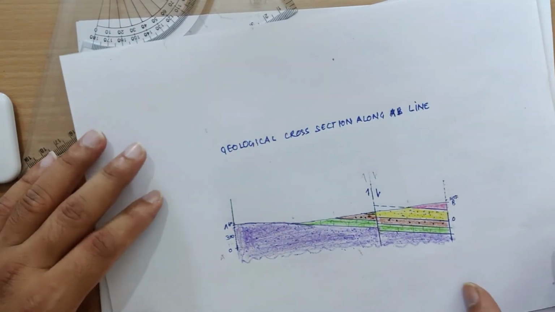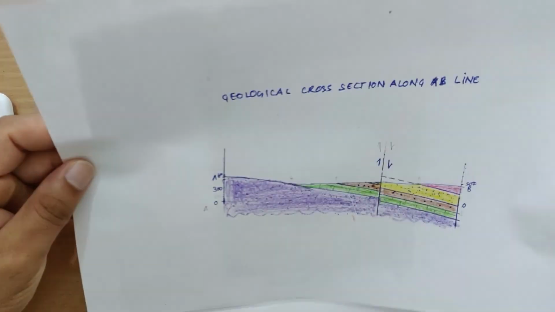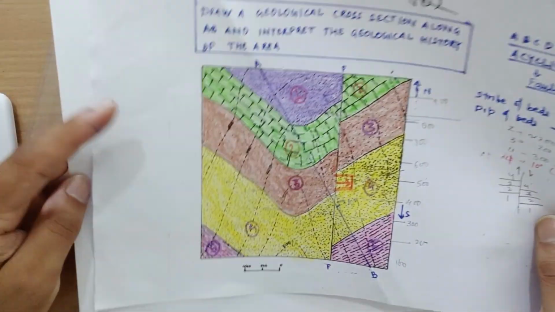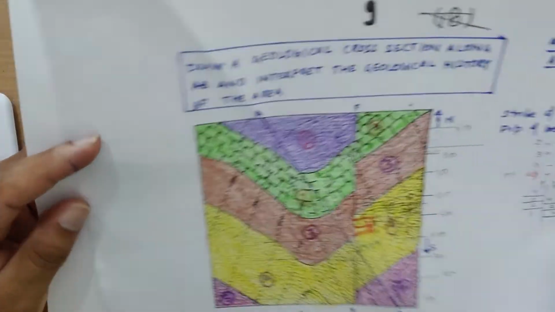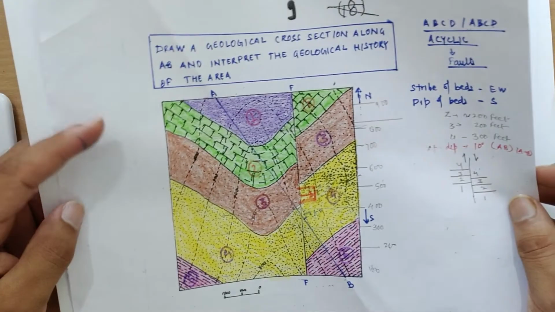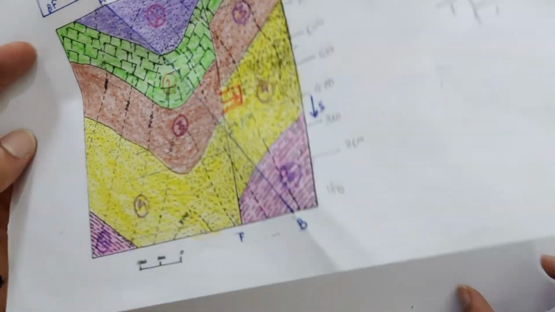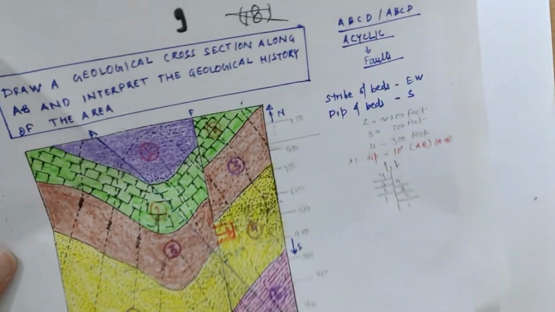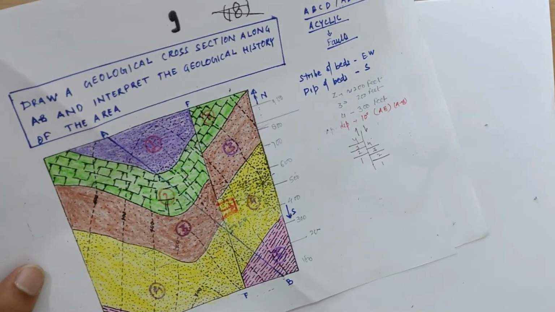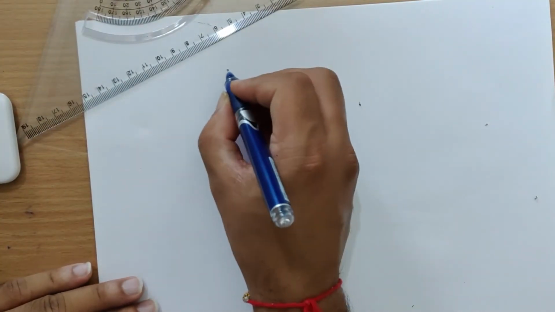Now let's interpret the geological history. So topography, we have already explained that the minimum relief of the area is less than 200 feet but more than 100 feet. So there are 4 points for the discussion. First point is our topography, that is relief.